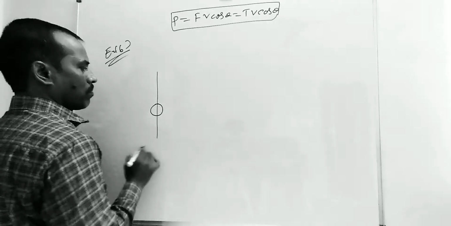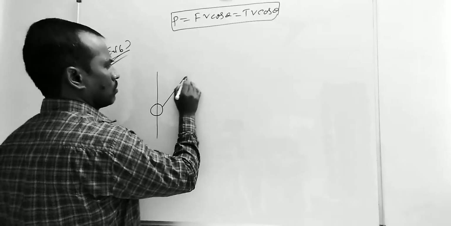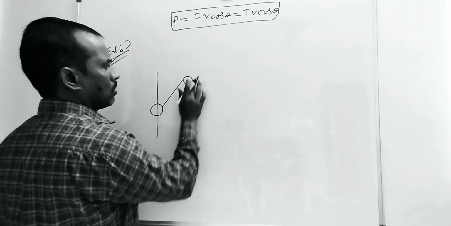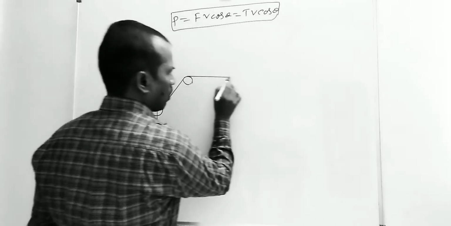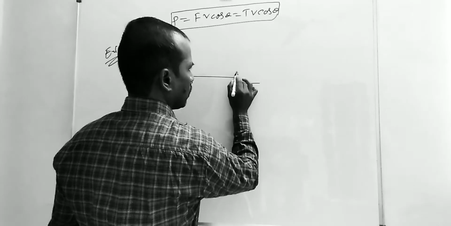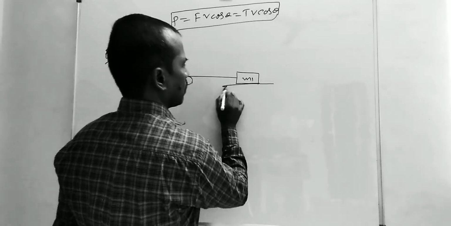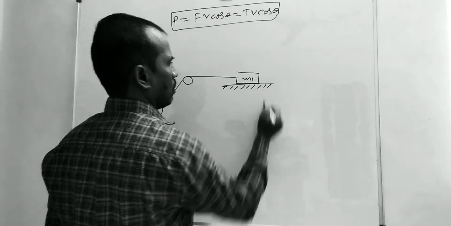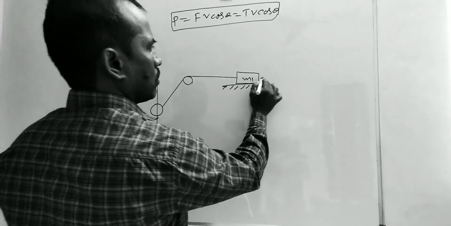The string goes over the pulley and is connected to the block M1, which is placed on the surface and moves forward with velocity v1.